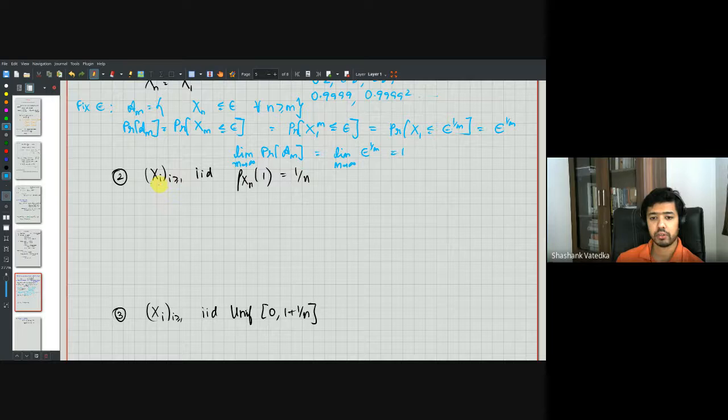Okay. So suppose now that x1, x2, x3, and so on, is an IID sequence of random variables. It's a Bernoulli sequence of random variables.